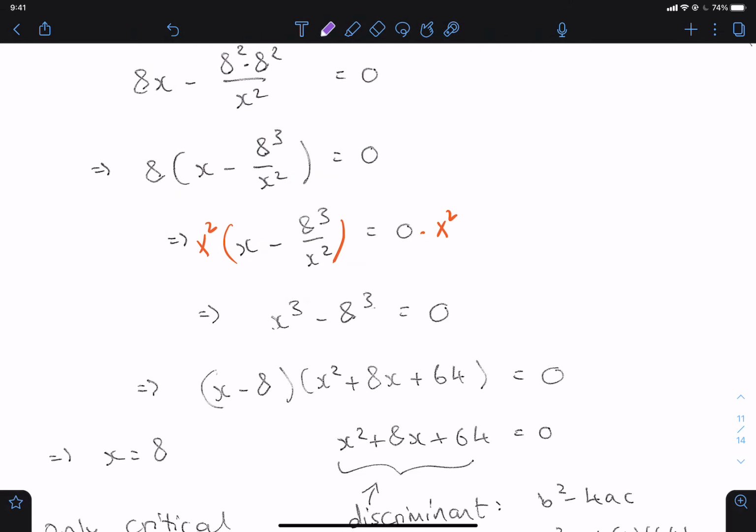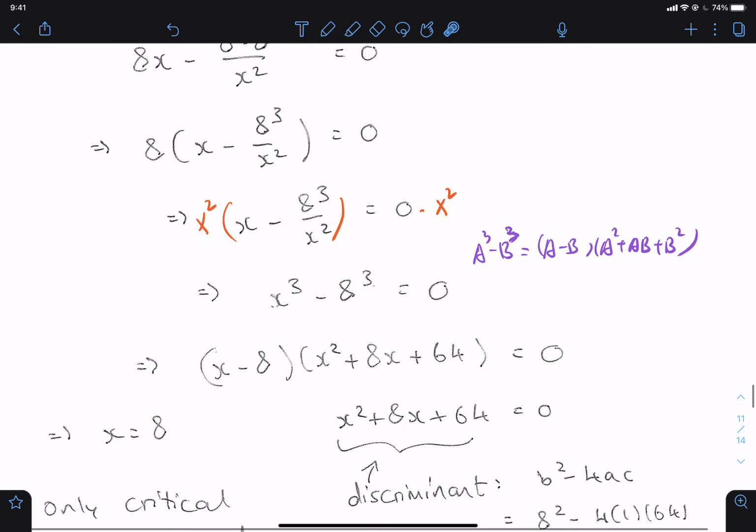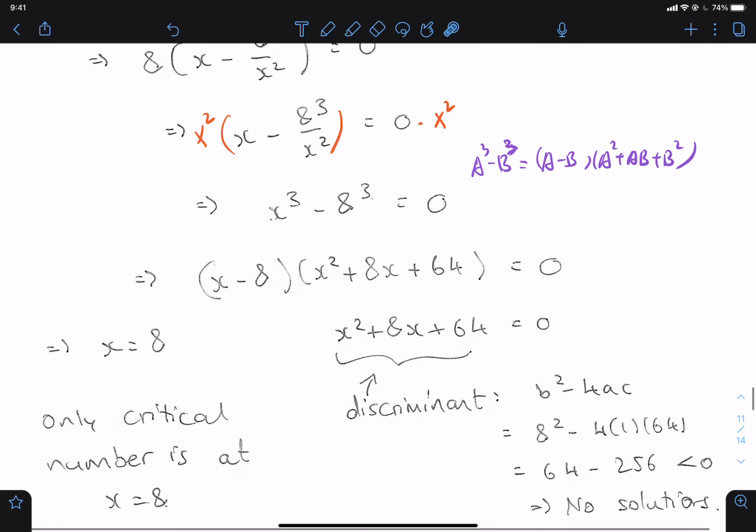That is the difference of cubes formula. A cubed minus b cubed equals a minus b times a squared plus ab plus b squared, which is applied here. So this factors as x minus 8 times this thing.